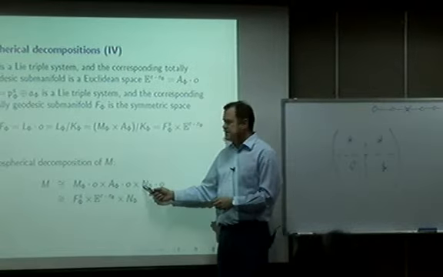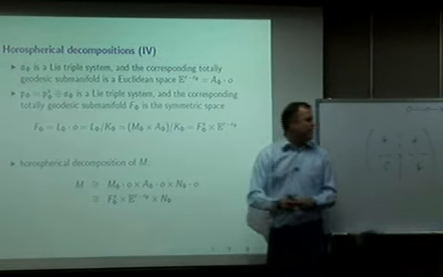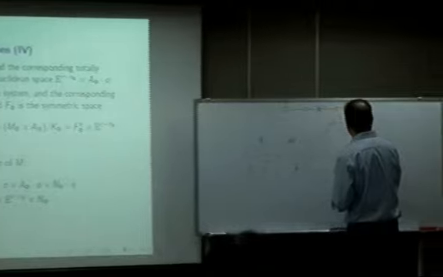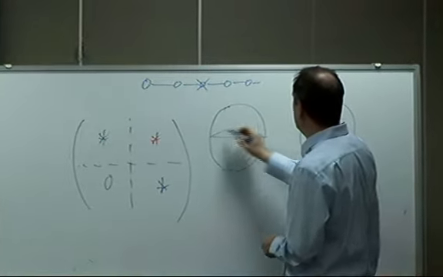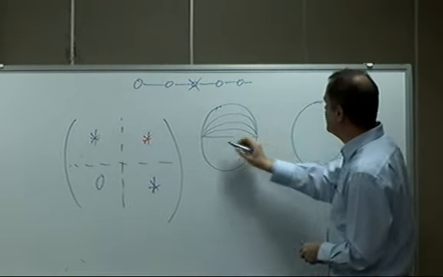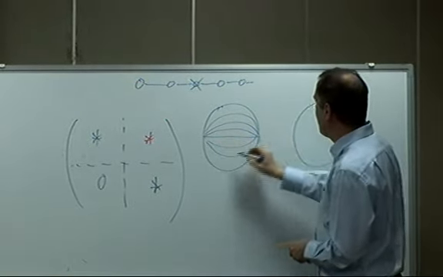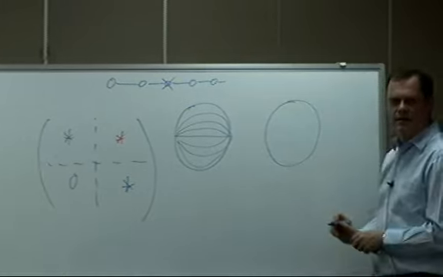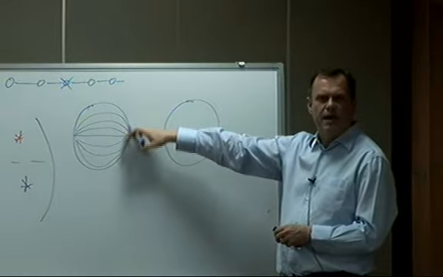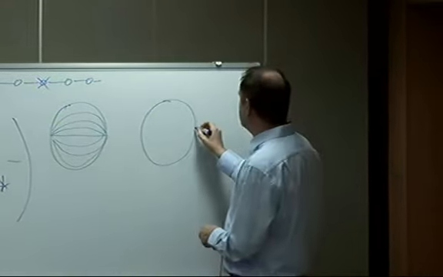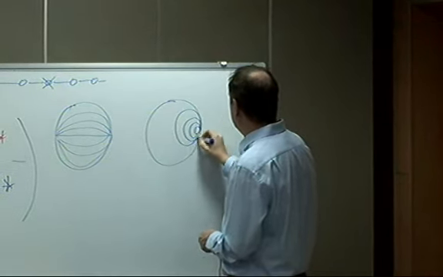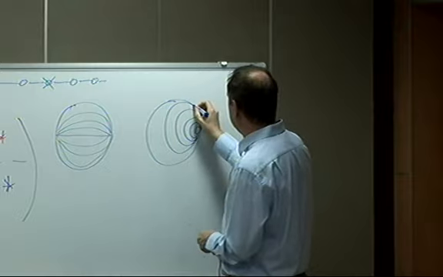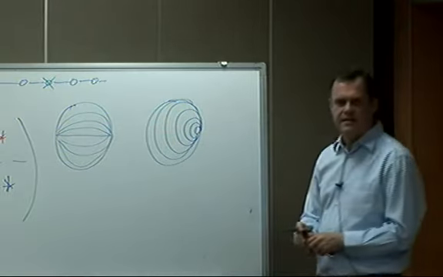This is A, this is N. And remember the orbits of A and N. This is the orbit of A. We have a geodesic, and then the corresponding parallel lines, and the orbits of N are the horocycles. So it looks like this.